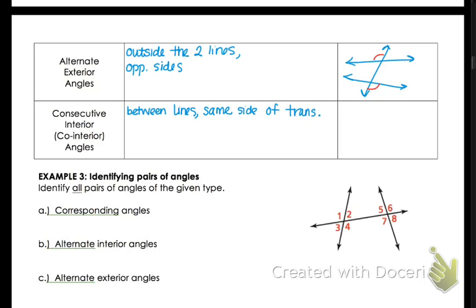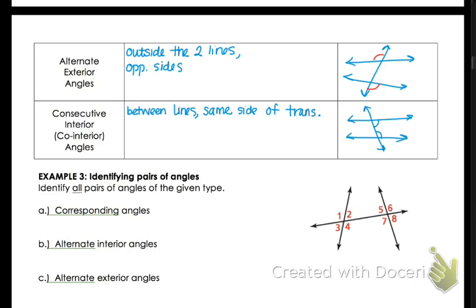I'll just abbreviate here for time's sake. So, if I have a line here, a transversal, this one and this one would be co-interior, as would the other pair that's on the other side. Okay?